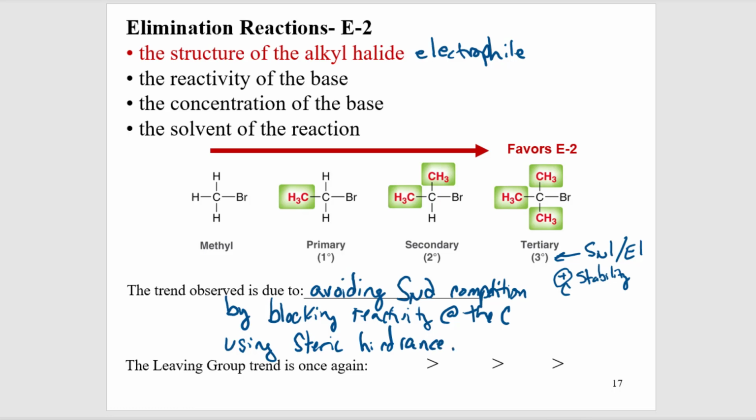So if I have a bulky system around the leaving group, then I'm kind of shielding the carbon with the bromine from being attacked by the nucleophile.